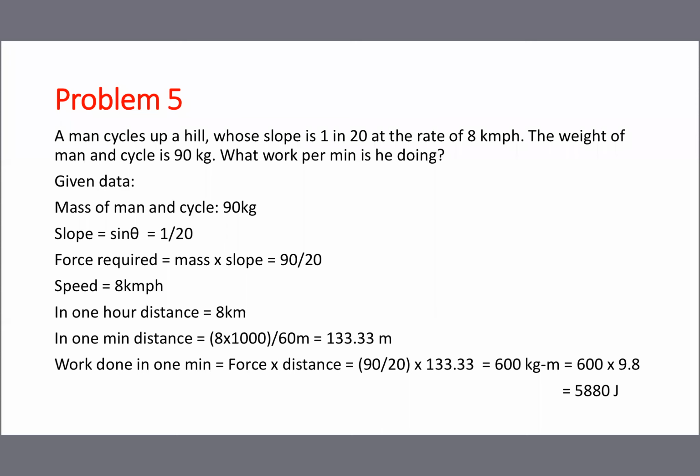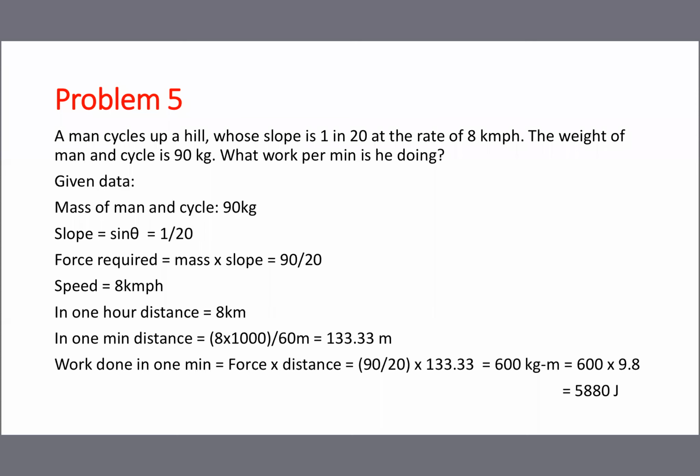Suppose both slope and friction are given, you multiply mass with the slope and friction, all the three. Here friction is not given, so only slope given, multiply with the mass, take it as force. So 90 multiplied by 1 by 20, it becomes 90 by 20.